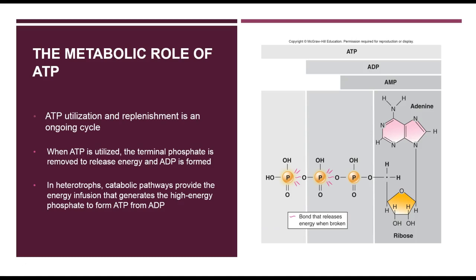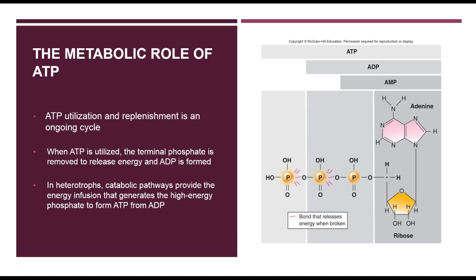So let's look at ATP itself and its role in metabolism and energy. ATP utilization and replenishment is a constant ongoing cycle within cells. Cells are regularly using ATP and forming ATP. When ATP is used, that terminal phosphate is removed from ATP.